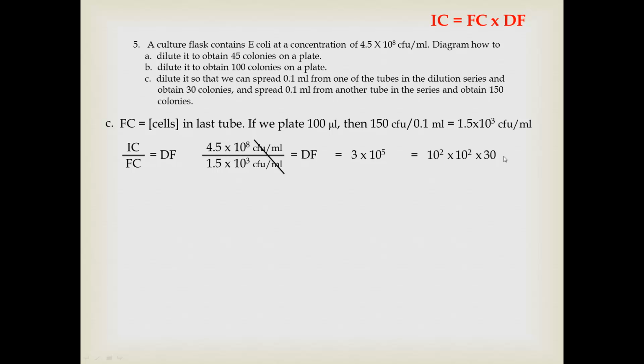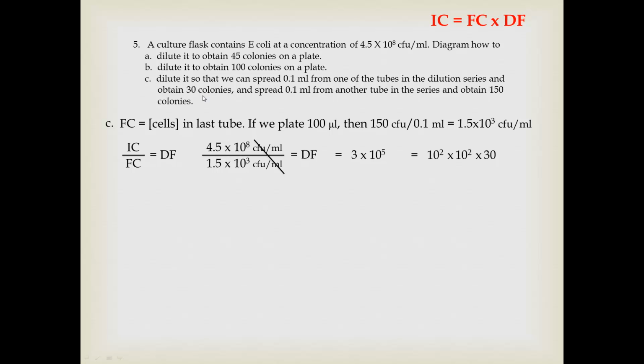So this is a nice, easy dilution series to do. That's our final concentration to make a tube that'll give us 150 colonies when we plate 0.1 mils. That's half of the problem right there.